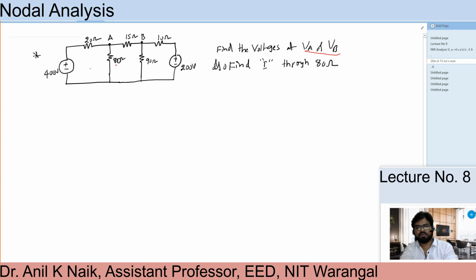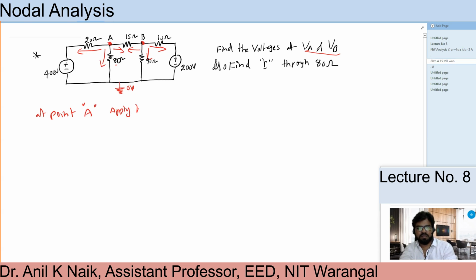So what I have to do first is identify the nodes here. So this is one node, this is another node, and this is my reference node, 0 volts. This was done, and I also mark the current directions in this direction, in this direction, in this direction. Now take point A and apply the KCL.